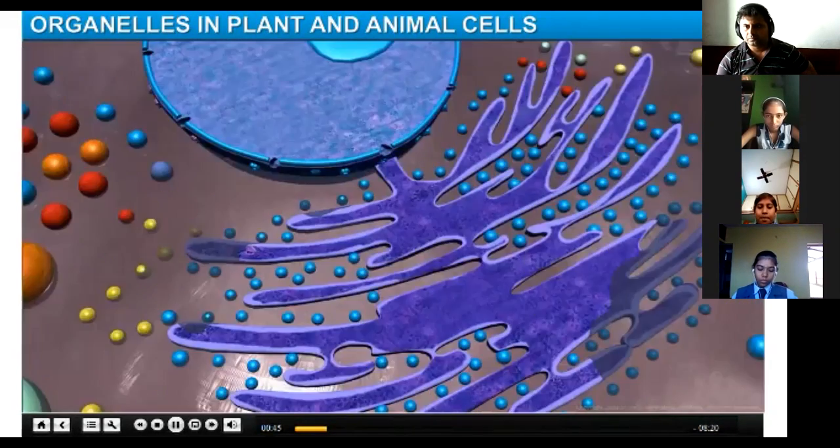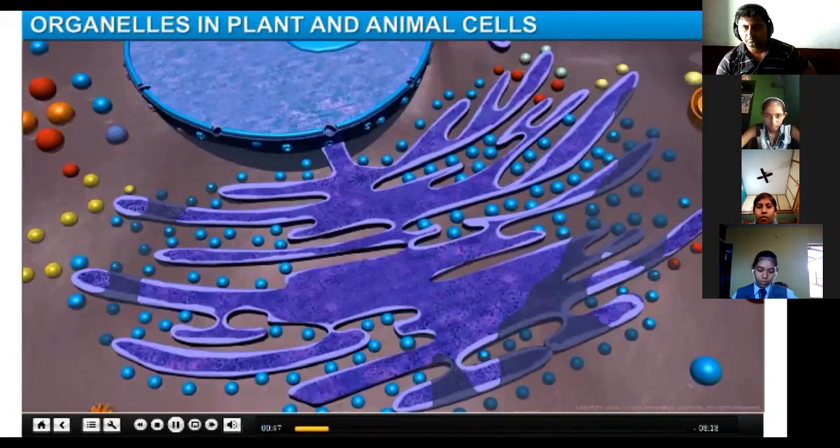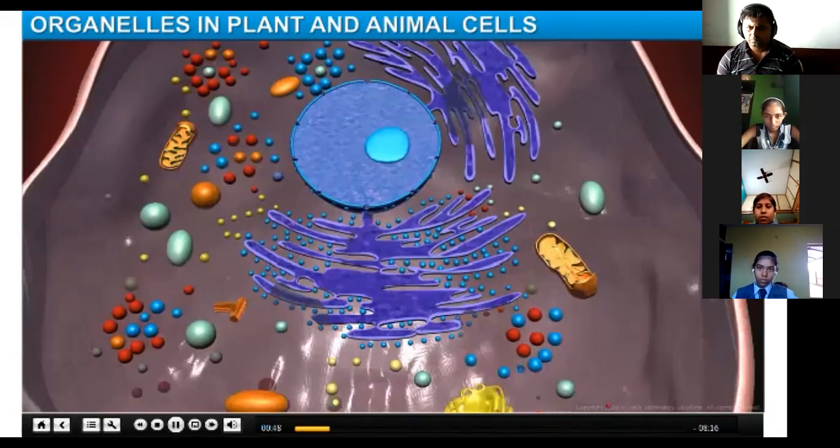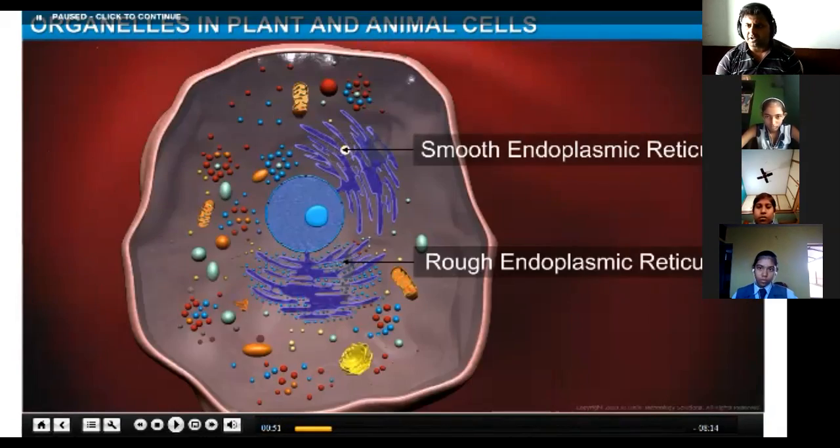There are two types of endoplasmic reticulum: rough and smooth. How many types of endoplasmic reticulum, my dear students? Two types. One is rough and the second one is smooth.